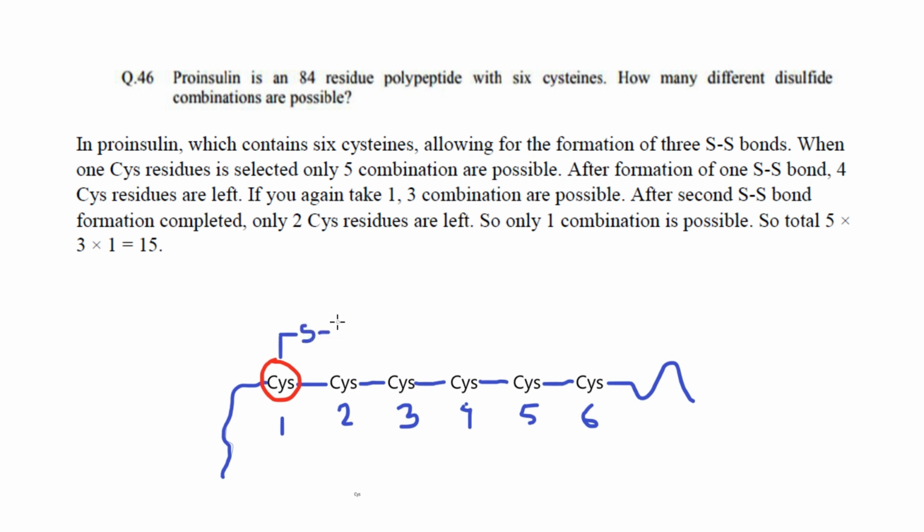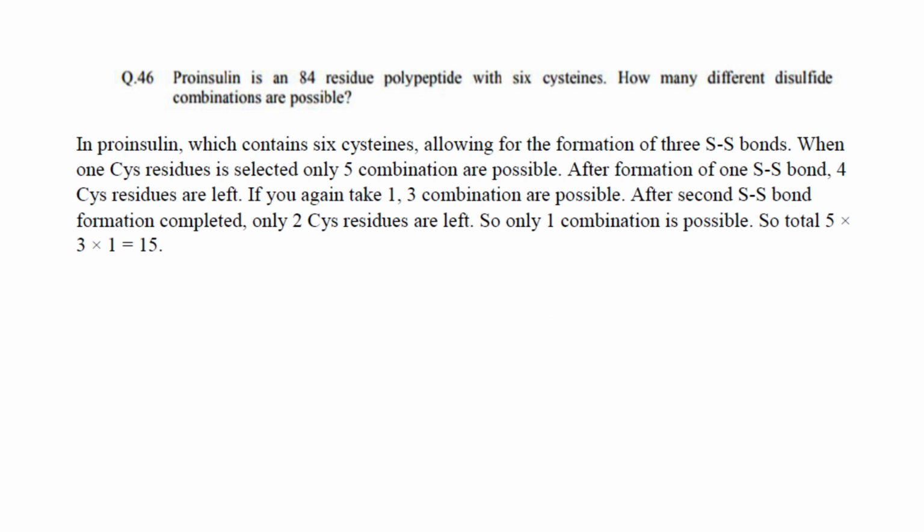After formation of one disulfide bond, 4 cysteine residues are left. If you again take one, 3 combinations are possible. After the second disulfide bond formation is completed, only 2 cysteine residues are left. So only 1 combination is possible. So total 5 into 3 into 1, that is 15 combinations are possible.